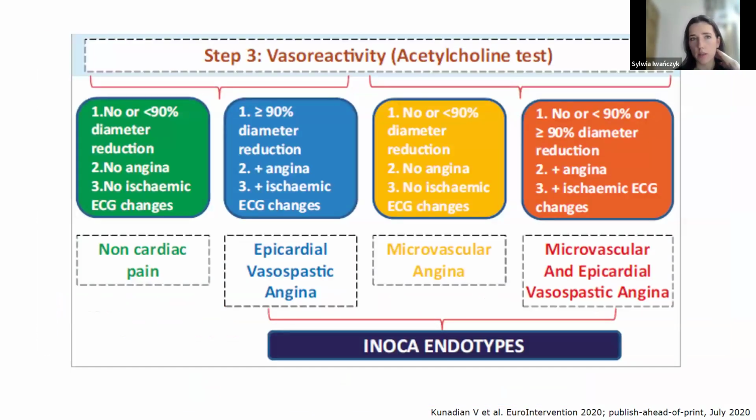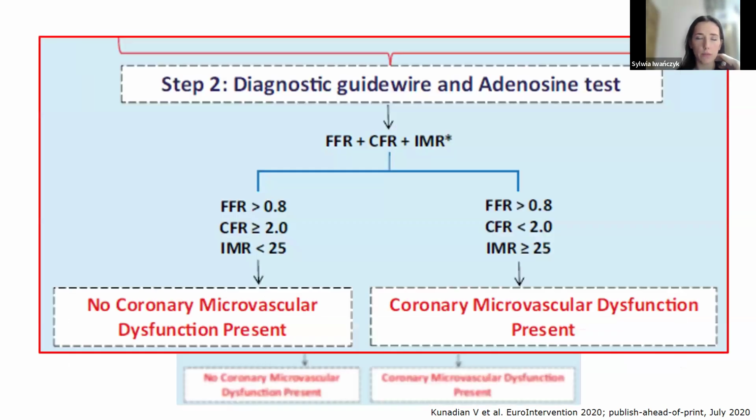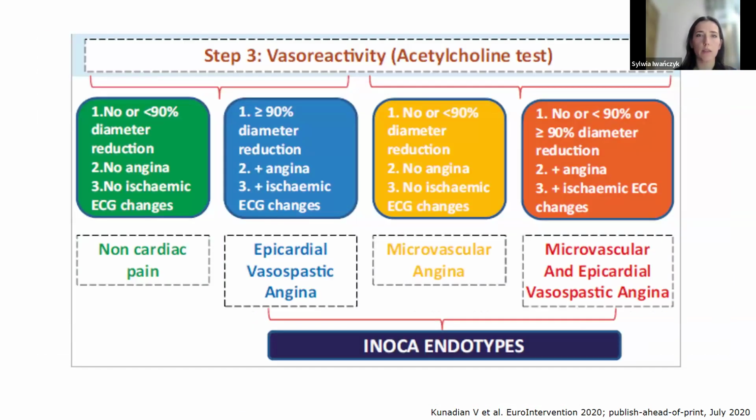The next step: we should do this test during the same coronary angiography. Generally, in most cath labs, the adenosine test is performed first. And the next is performing the acetylcholine test.